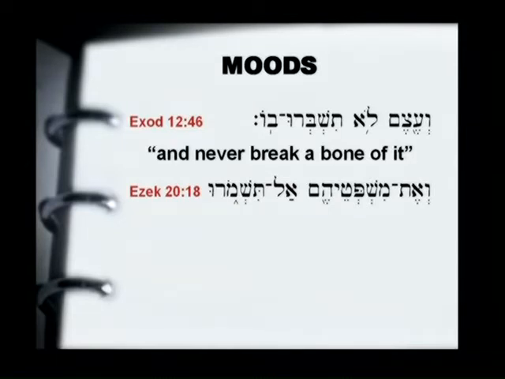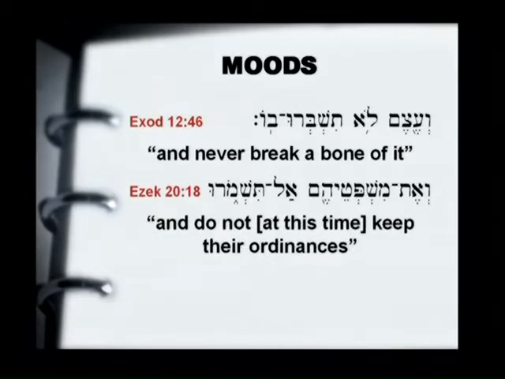Do not keep. Ought not to keep. Now, it's not the emphatic negative, notice. It's not the objective. So it means in this particular situation, or at this time, do not keep their judgments. In this context, it's probably having to do with their ordinances or some of their cultural aspects. Okay? And do not at this time keep their ordinances.